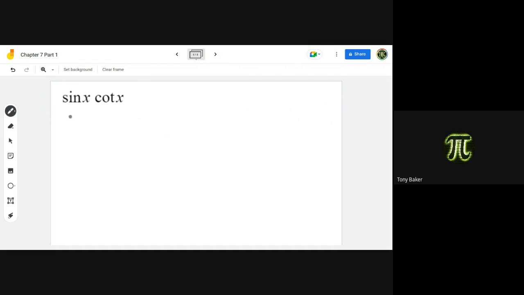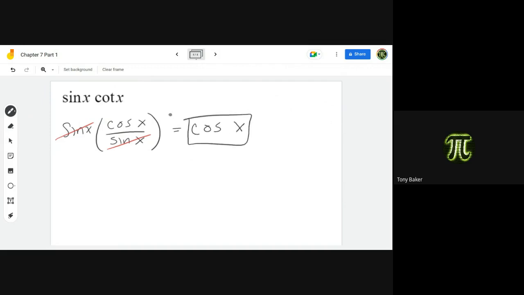So I have sine of x there, and cotangent is cosine of x over sine of x. And now we have a sine of x on the top and a sine of x on the bottom. So this equals cosine of x.